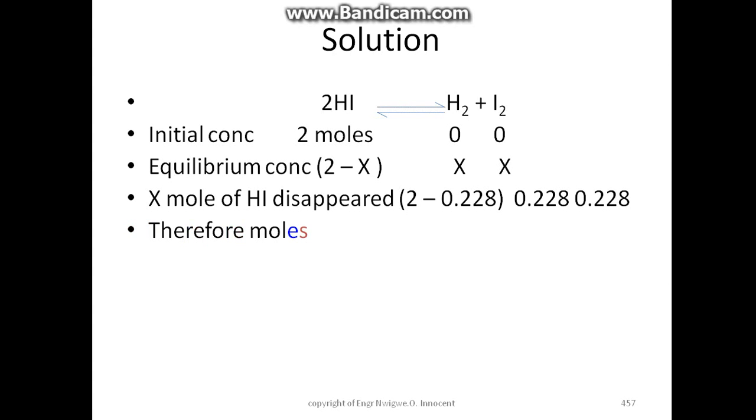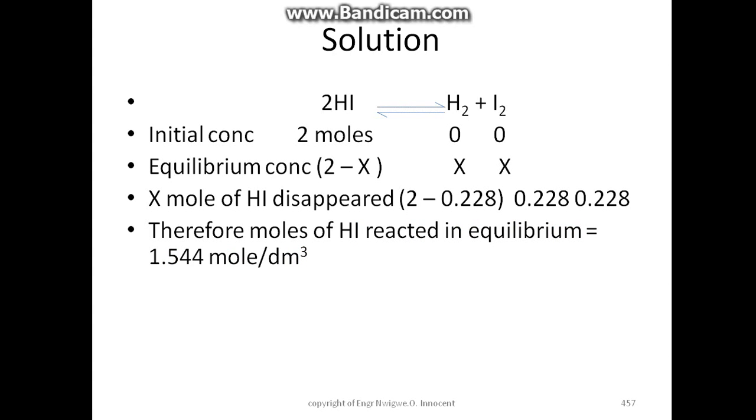Therefore, moles of hydrogen iodide reacted in equilibrium is equal to 1.544 mole per dm cube.